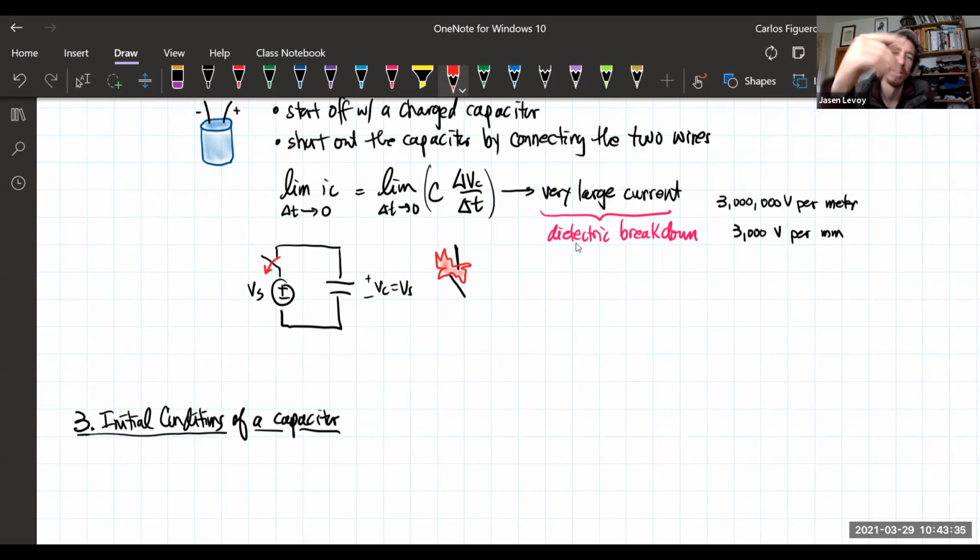Is the voltage across that gap ever more than Vs?